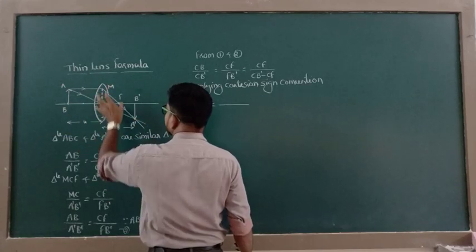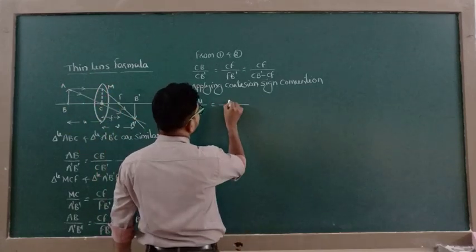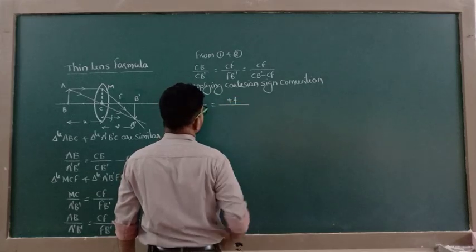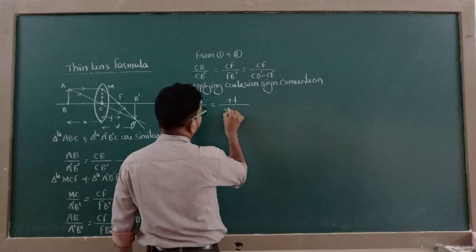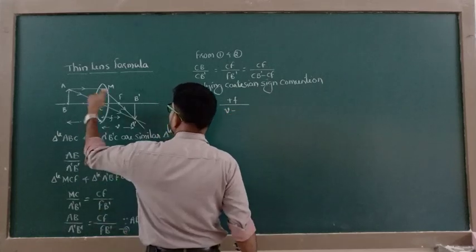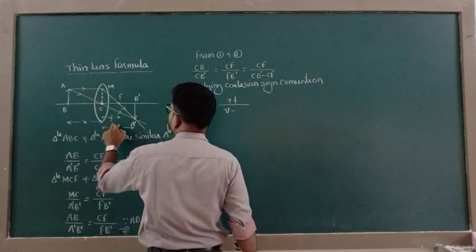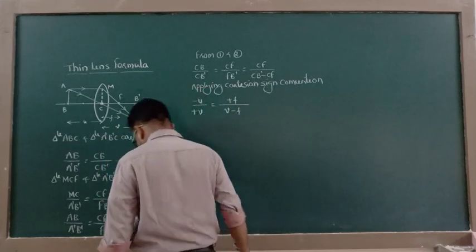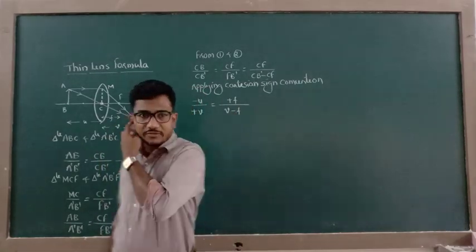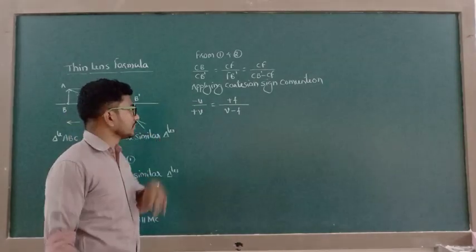Therefore, this distance is positive, plus F. So CB dash becomes plus V, minus CF becomes minus F, plus into minus is minus F. That is after applying Cartesian sign convention.